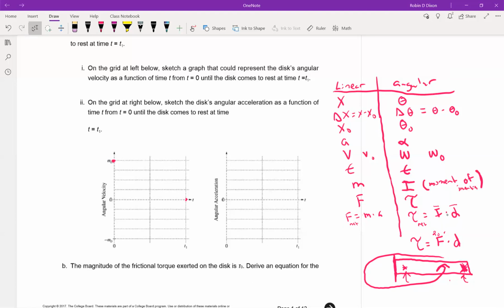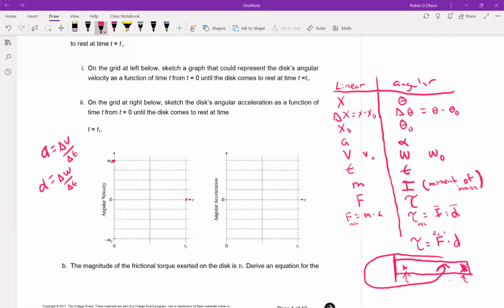We know it's coming to a rest. Since acceleration, if it's constant, is equal to change in velocity over change in time, likewise angular acceleration must be equal to change in angular velocity over change in time. You don't have to go through all the stuff I've written; I'm just writing it out so you all have a better concept.